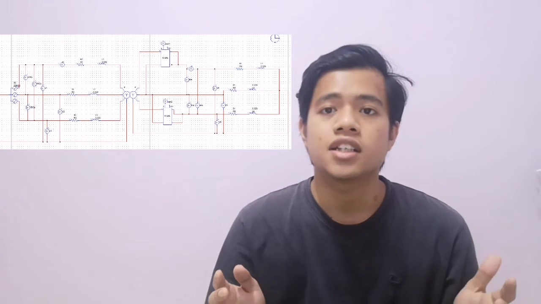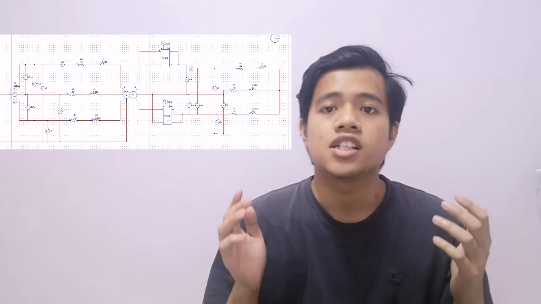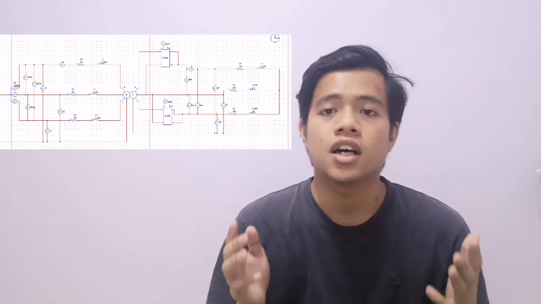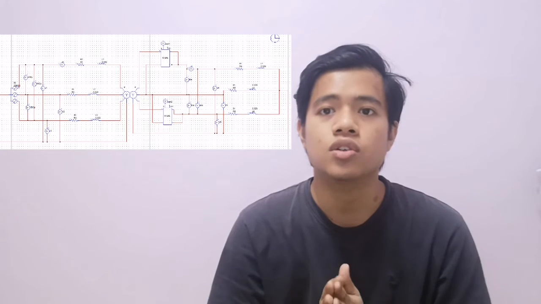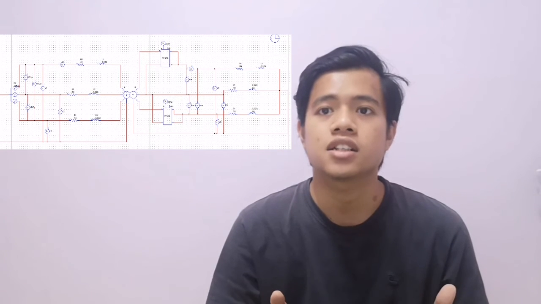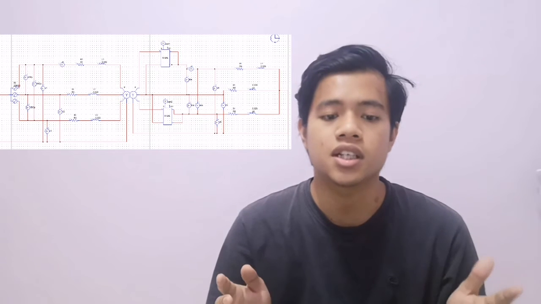Okay, this circuit diagram is the simulation circuit of a 3-phase transformer with 2 wattmeter. Basically this is the circuit using the 2 wattmeter method.